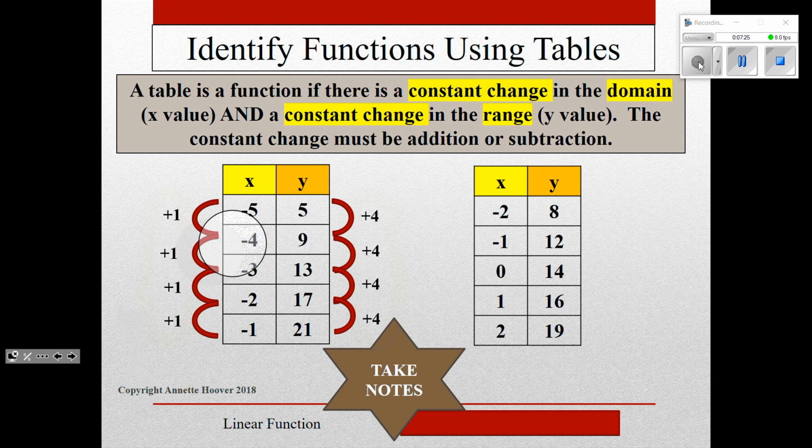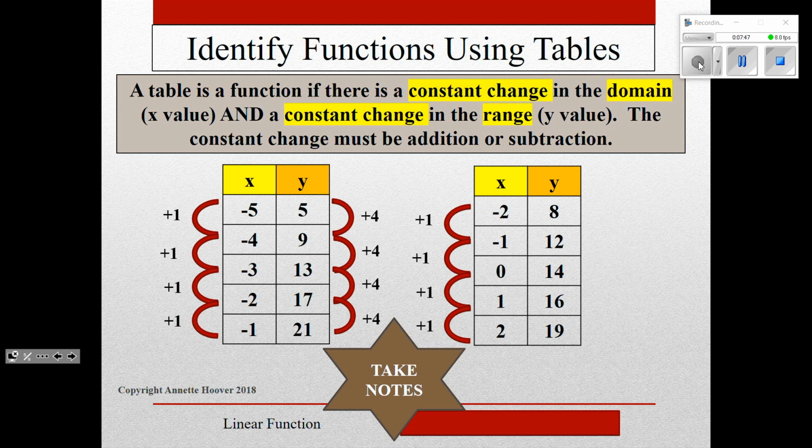In the next table, let's see if it is a function. The x never repeats. Let's check the change in the x. From -2 to -1, you add 1. -1 to 0, add 1. 0 to 1, 1 to 2. Each time you are adding 1 to the value. So that is a constant change in the domain. Let's look at the y.